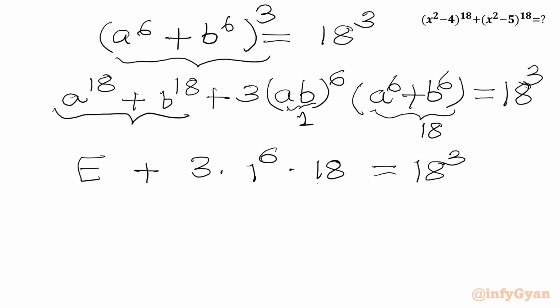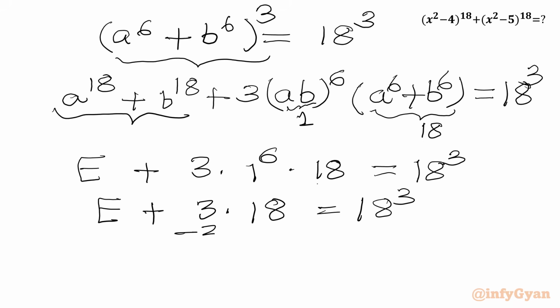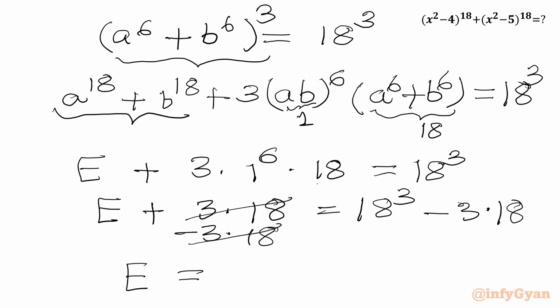Now we will subtract 3 times 18 from both the sides. So let me write here 3 times 18 equal to 18 cube. Let's subtract 3 times 18 from LHS and from RHS. We'll cancel 3 times 18 from left hand side. So we have E equal to 18 cube minus 3 times 18. We'll take 18 common from right side. So we will write here E equal to 18 is common.